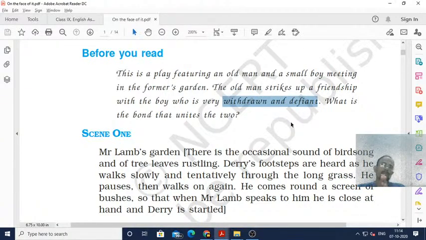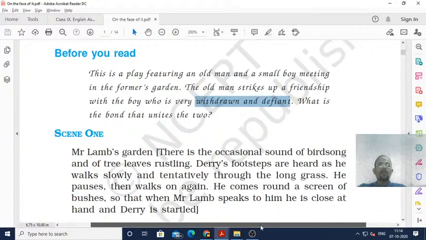What is the bond that unites the two? We shall find out what the chemistry is, how the chemistry between an old man and a small boy develops, throughout the course of the story. It's very interesting, dear students. So let's find out the reason behind a strong friendship between an old man and a small boy.